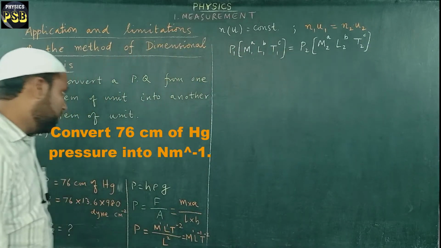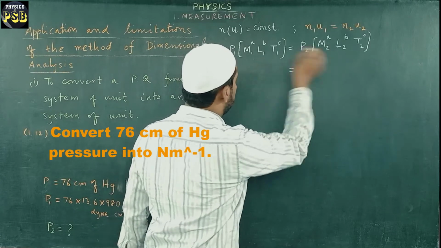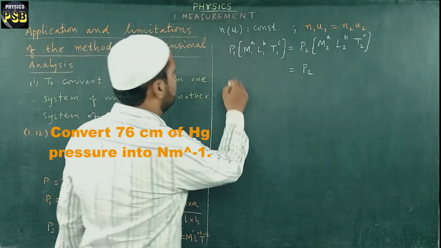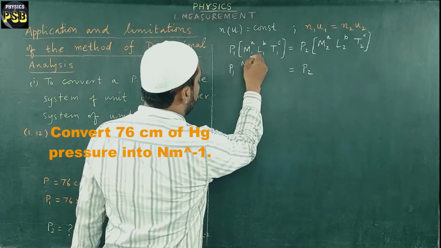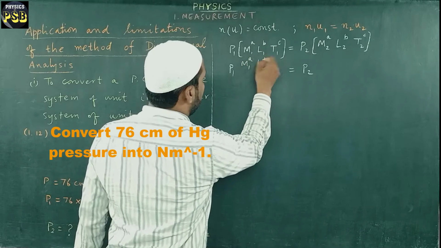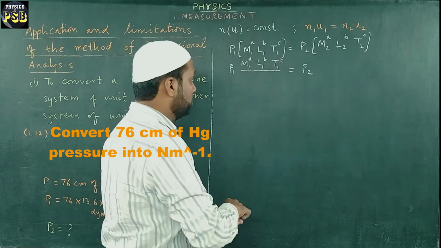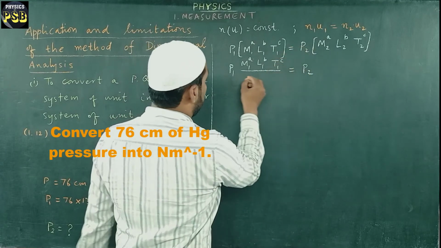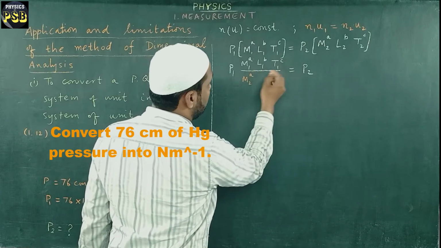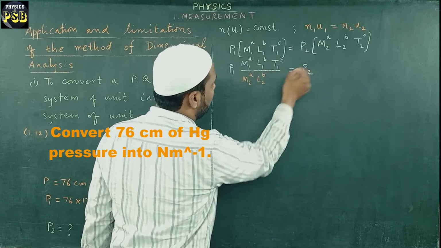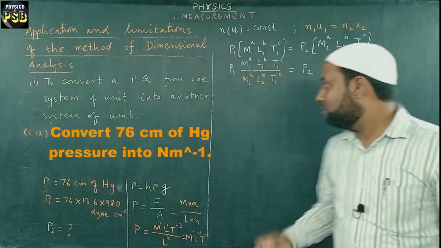Now my aim is to get the value of P2. So I keep P2 on one side and the remaining terms are taken to the other side. If I do so, I get M1 power a, L1 power b, T1 power c divided by M2 power a, L2 power b and T2 power c. This is what I get. Then if you want, you can also rearrange it.